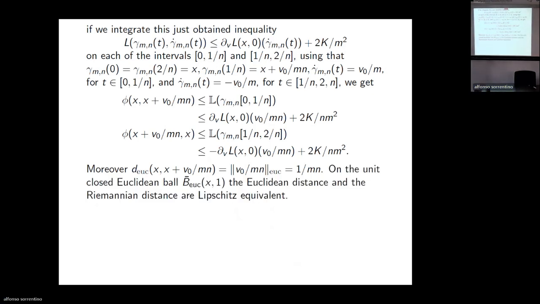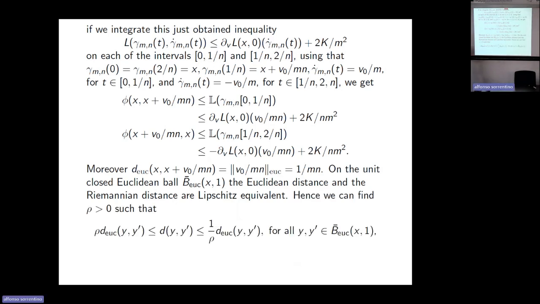Now we don't want distances in the Euclidean ball, but we want to evaluate distance with the Riemannian metric on M. But on this compact subset, the two metrics, the Riemannian and the Euclidean, are Lipschitz equivalent, so I can find a rho positive, a Lipschitz constant, which compares the two distances.